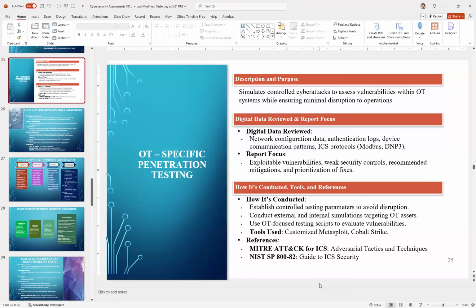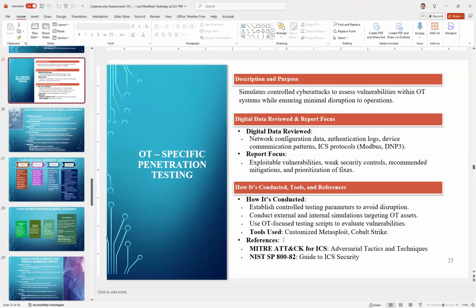Digital data reviewed includes network configuration data, authentication logs, device communication patterns, and ICS protocols, which you would find using Modbus and DNP3. Your report focus includes exploitable vulnerabilities, weak security controls, any recommendations, and how you want to prioritize those fixes, which will usually be deemed by your risk register, depending on whether it's red, yellow, or green.